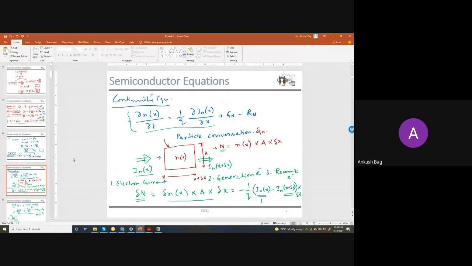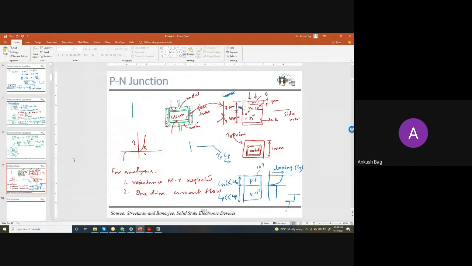This is applicable for other semiconductor devices also. We also gave a brief outline of the PN junction device structure: how it looks, and what the doping levels and other things are.